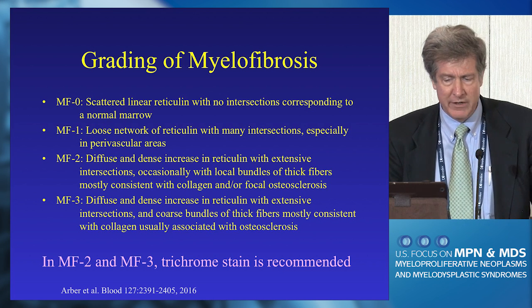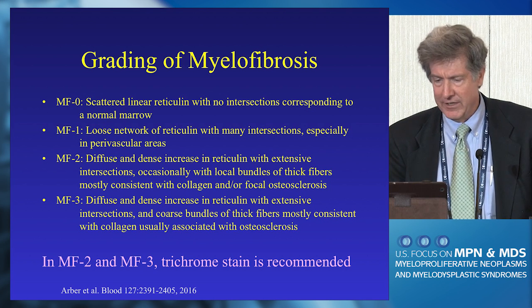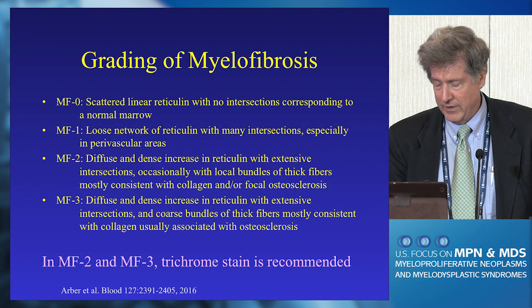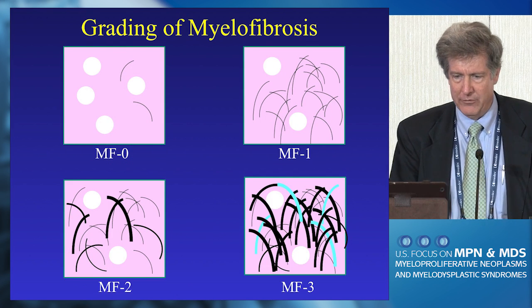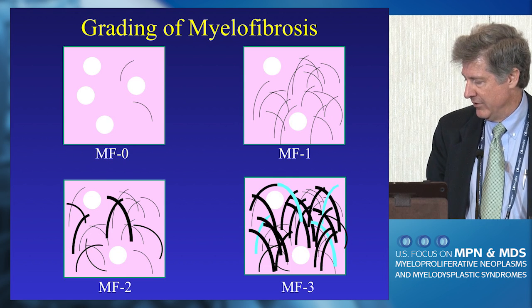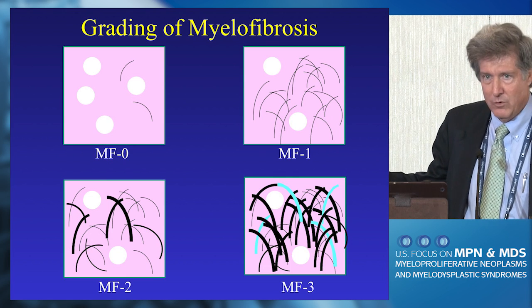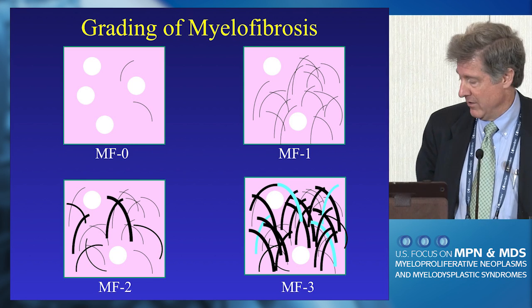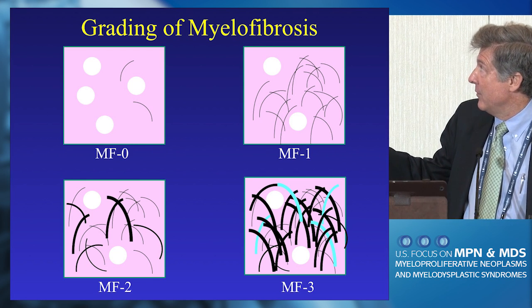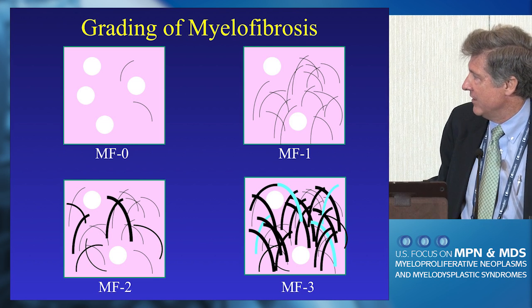With regard to the grading of myelofibrosis, they've articulated the grading somewhat, and schematically, patients who just have scattered reticulin fibrosis, which will be considered normal, have a grading of 0. Grading of 1 includes reticulin fibers that frequently intersect.